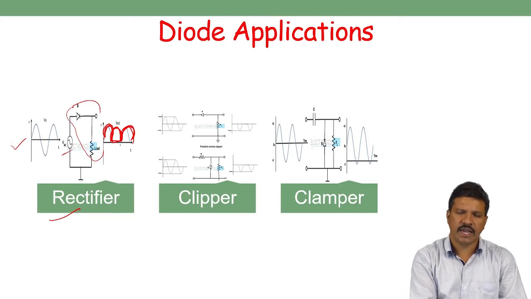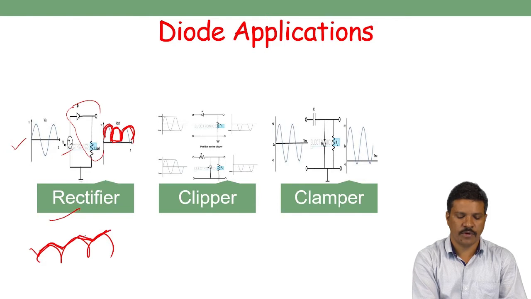When we further operate with filters and regulators, we get this kind of signal at the rectifier filter output, and when this signal is given to the filters, you will get the perfect DC.